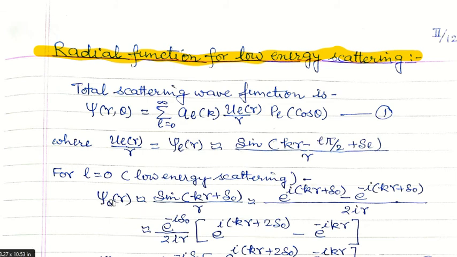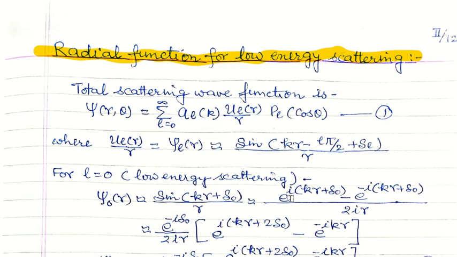We get psi_0(r) is equal to sin(kr plus delta_0) upon r, because this term will disappear since L is equal to 0.